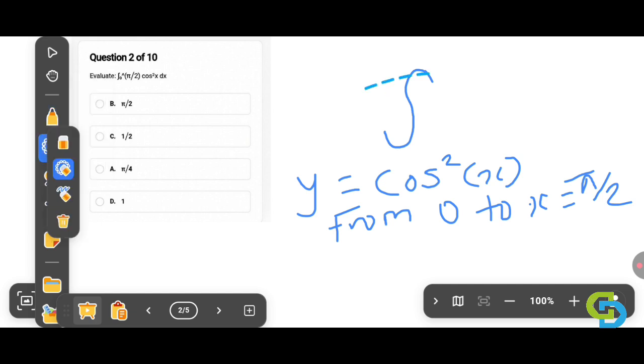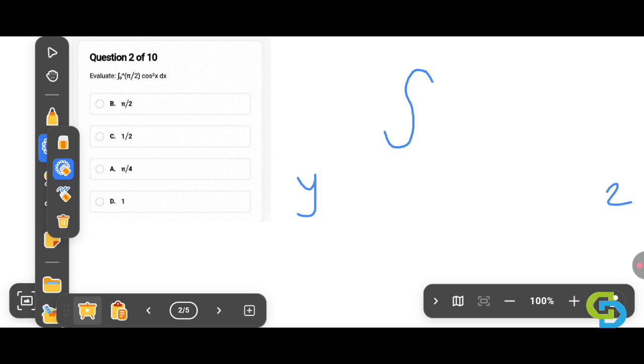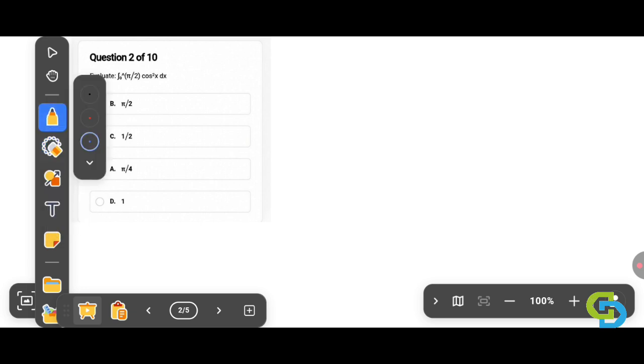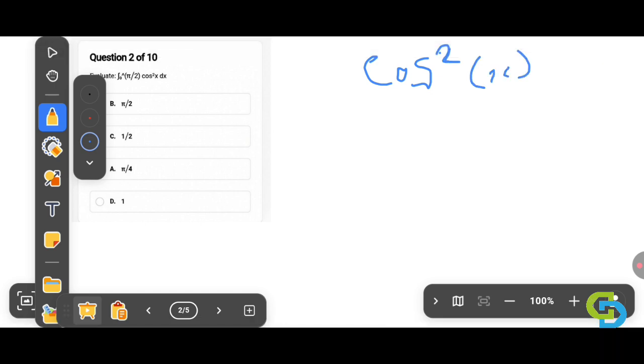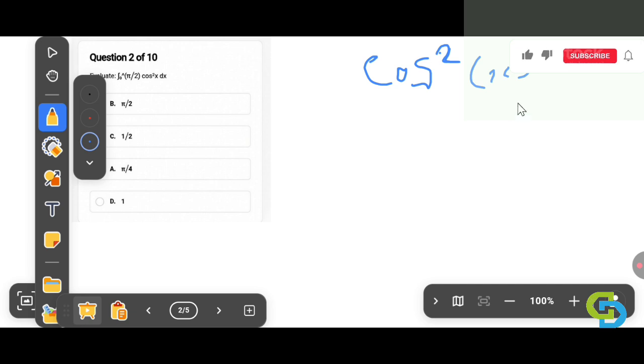But before we solve that, we are going to take a look at some basic things we need to know before we can solve this properly. We have to break these things down. Remember we have cos square x. We can't just input this value like that and solve it, so we have to break it down.